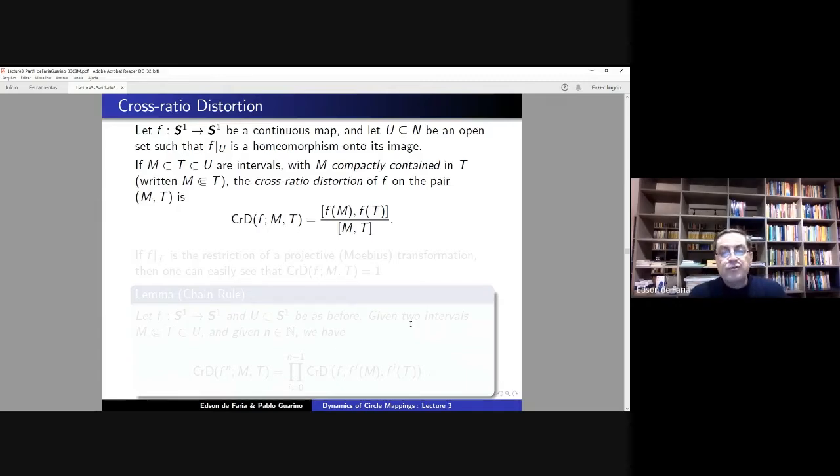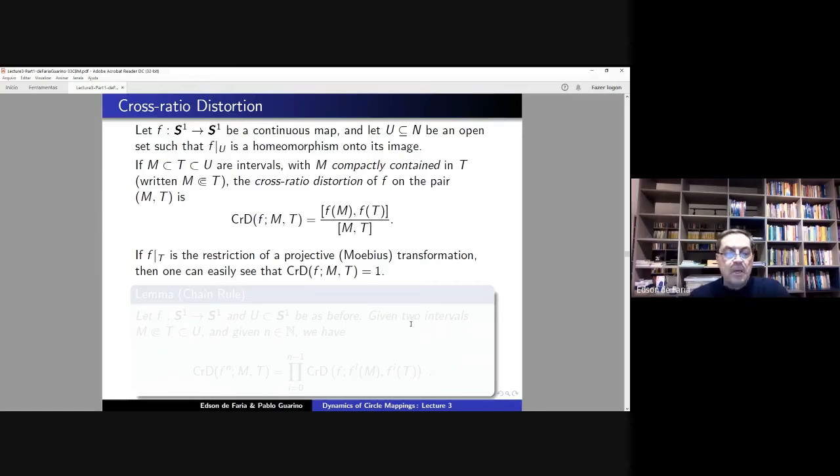So then the cross ratio distortion is defined to be the ratio of the cross ratios. It's the ratio of the cross ratio on the image divided by the cross ratio on the domain. So if you have a Möbius transformation, then it's very easy to see, as a consequence of what I just said, that Möbius transformations preserve cross ratios, that the ratio is always 1, of course.